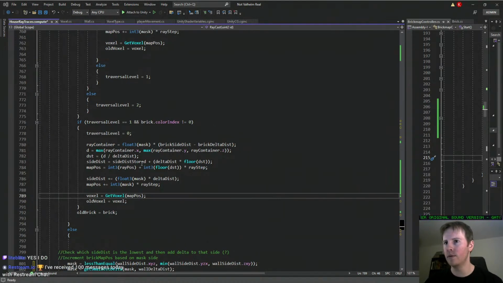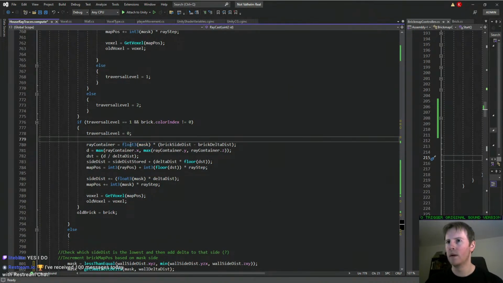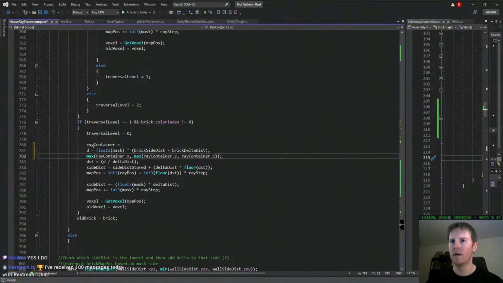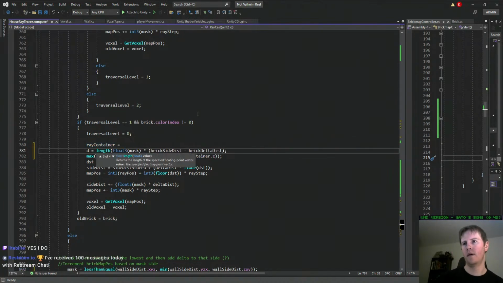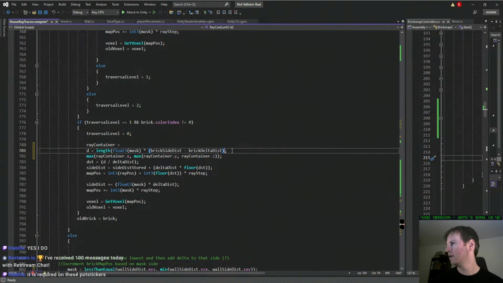So you do, let's see, D equals D equals length that, no, you don't.